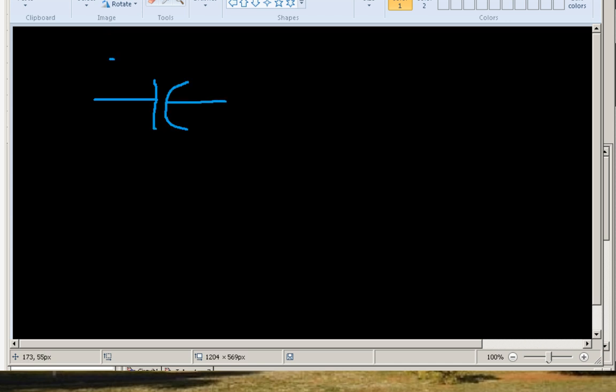This is usually an electrolytic. And we know what a low pass filter looks like. The high pass filter, wait, let me think. We want to pass everything below a certain cutoff. So a low pass filter is going to look like this.